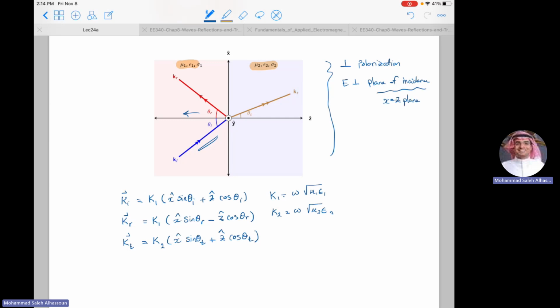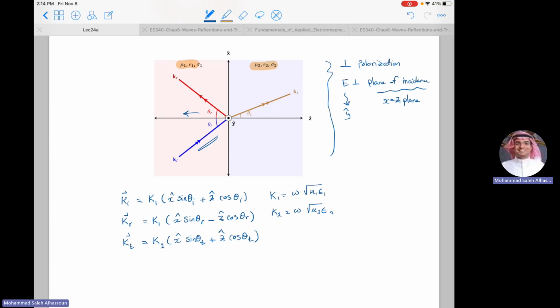So the electric field in this case is along the y direction. In the previous class, we found the expressions for the electric field and for the magnetic field. In this case, the magnetic field will have components along the x and z directions.